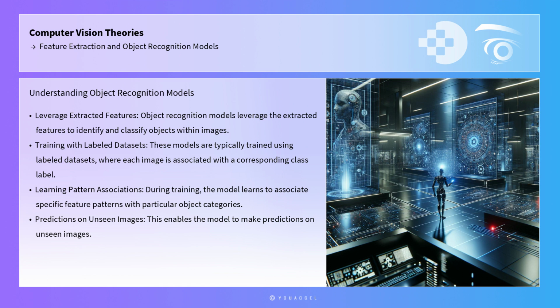Object recognition models leverage the extracted features to identify and classify objects within images. These models are typically trained using labeled datasets, where each image is associated with a corresponding class label. During training, the model learns to associate specific feature patterns with particular object categories, enabling it to make predictions on unseen images.